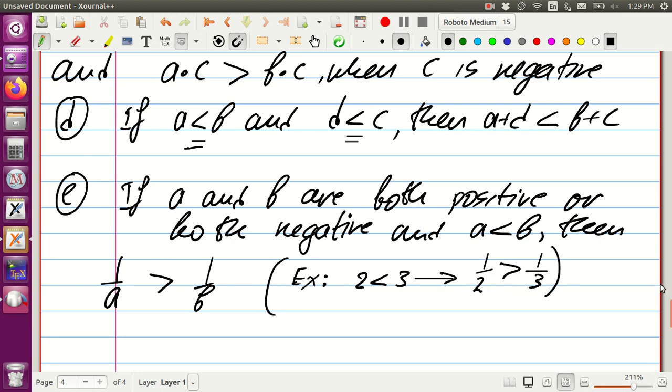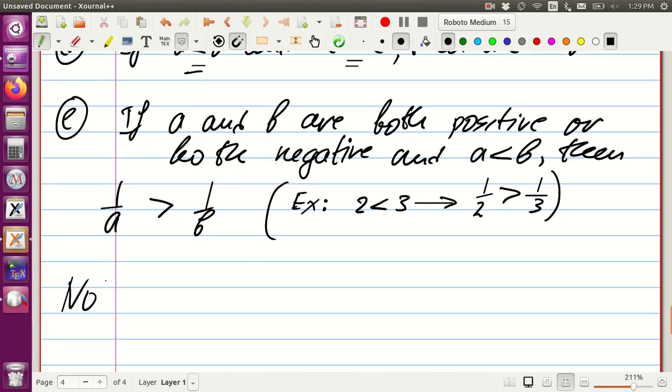And one big note for this rule is the following.